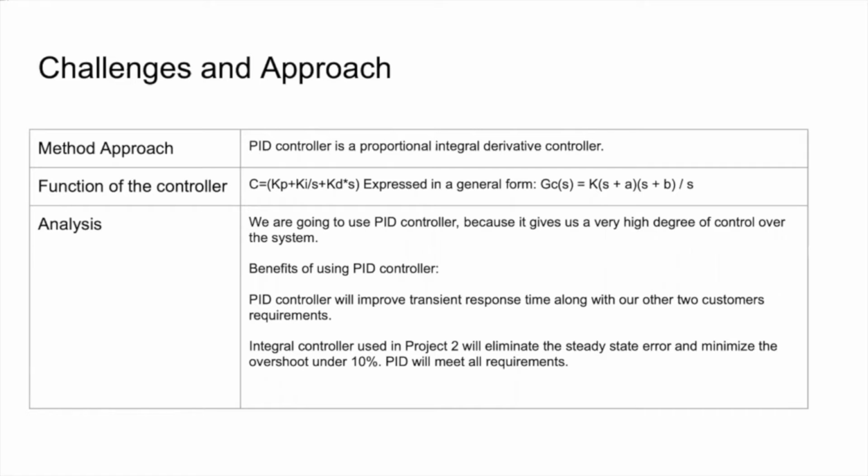The benefits are that it will improve transient response time along with our two customer requirements, and the integral controller used in project 2 will eliminate steady state error and minimize the overshoot under 10%. PID will satisfy all the requirements.